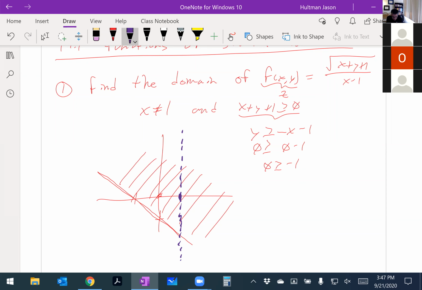That dashed line cannot be included in my graph. But everything in this region other than this purple line is a part of the solution set for the domain. So that's what this domain is.